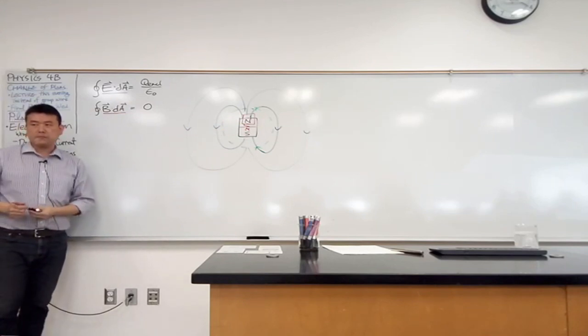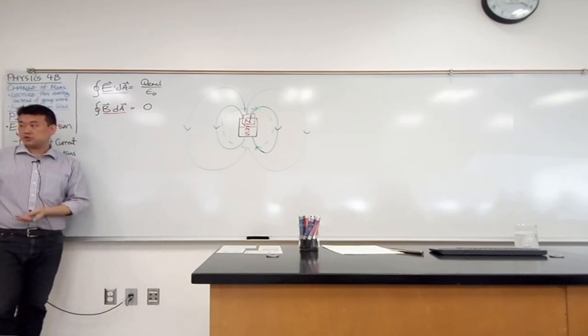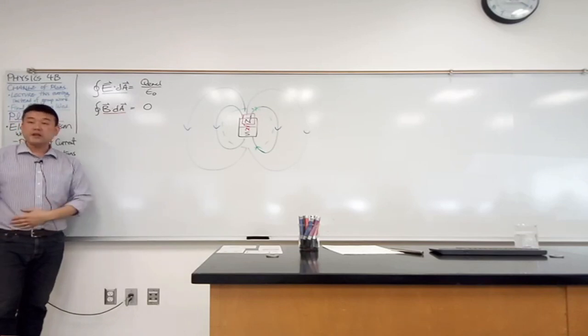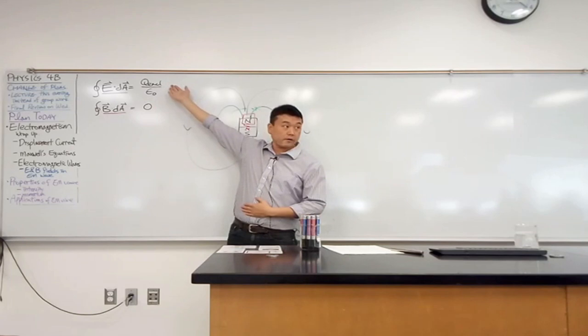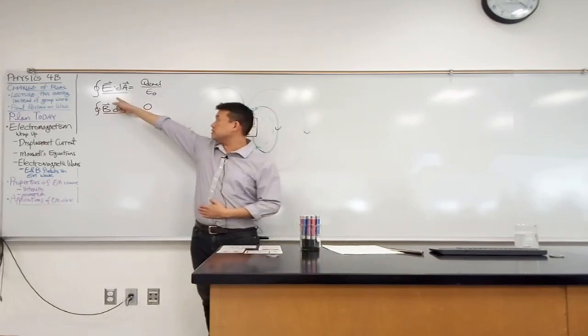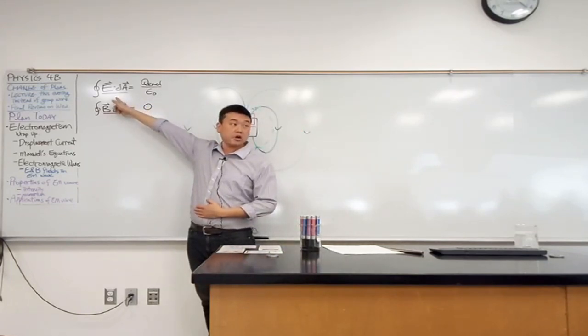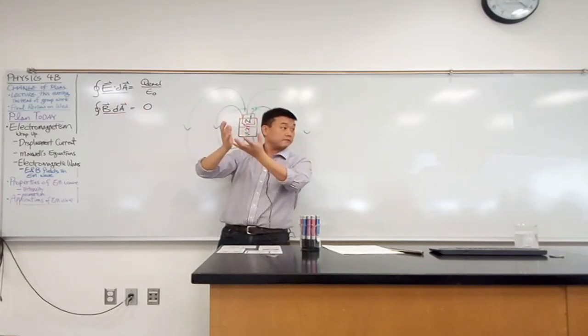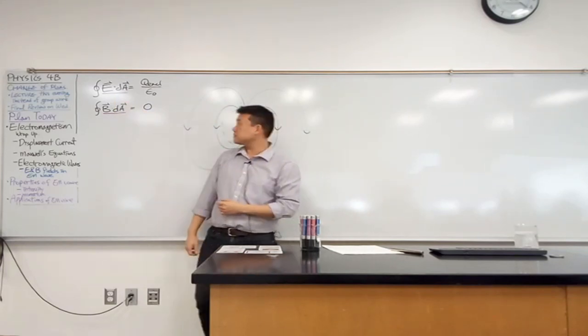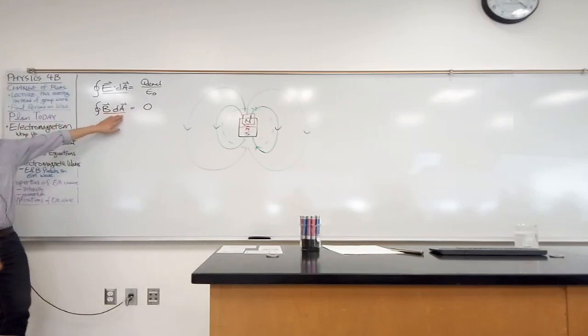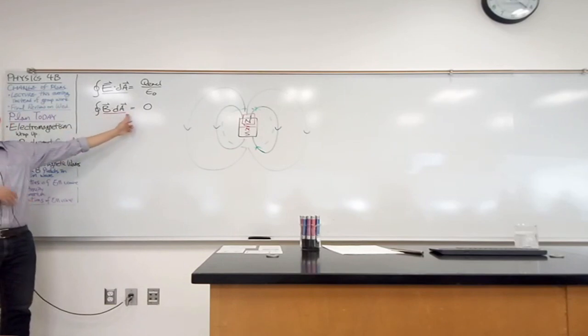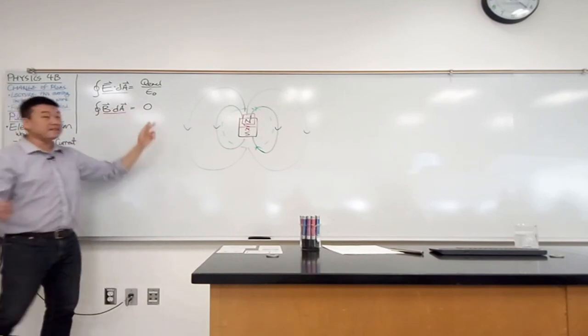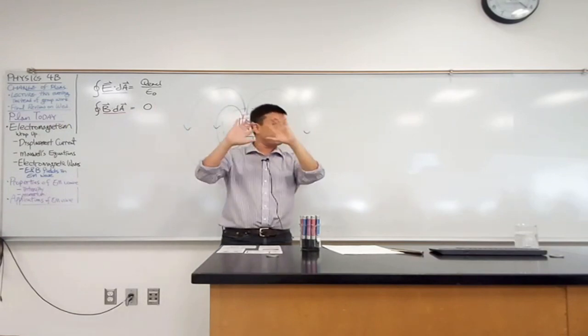This is how I want you to think about every equation you see in physics and even engineering. Every equation has a story to tell. Gauss's law for the electric field is a way of counting how many charges are enclosed within a surface, the way you saw with the electric field lines. And you could say the magnetic version is saying the same thing. Calculating this quantity is a way of counting how many magnetic monopoles are enclosed within the surface.